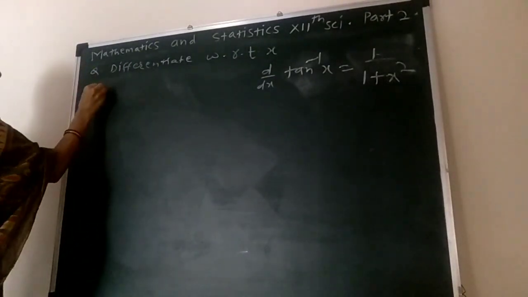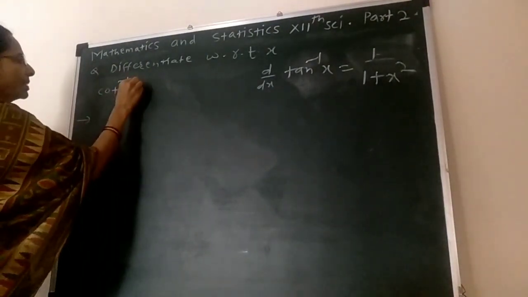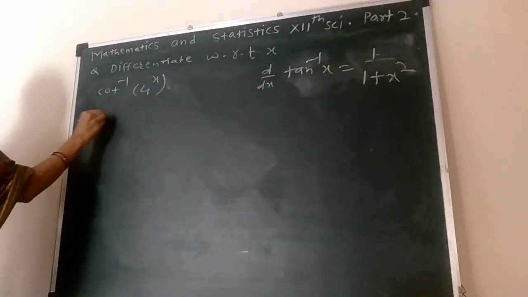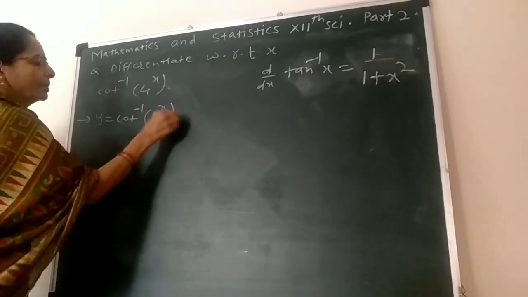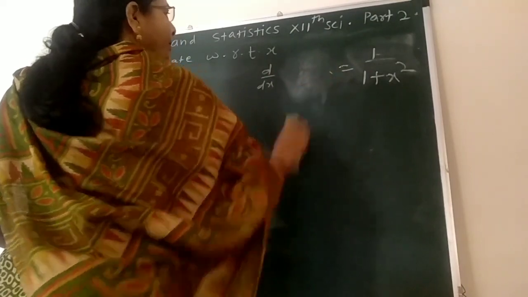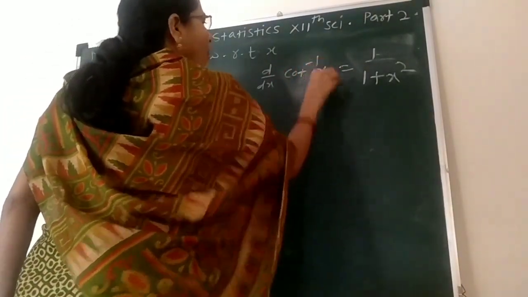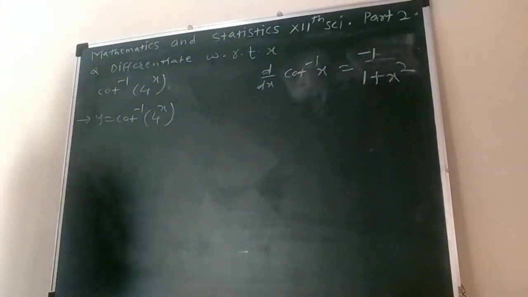Cot inverse 4 raised to x. Y is equal to cot inverse of 4 raised to x. The derivative of cot inverse x is minus 1 upon 1 plus x square.